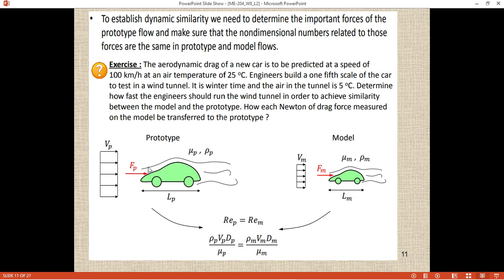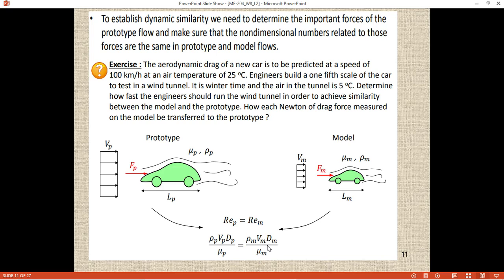drag force. In the case of the drag force, we know the important dimensionless variable is the Reynolds number, which uses all the variables. So to analyze the dynamic similarity, we take the Reynolds number for the prototype and the Reynolds number for the model.